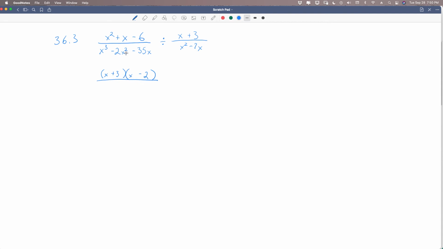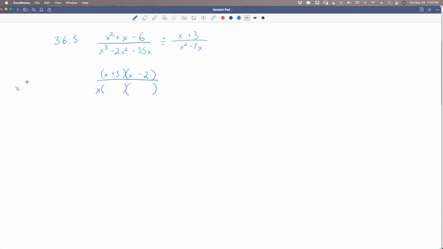All right, now on the bottom, we can't factor that like normal. We have to take an x out of everything, right? Because we have too many things here. We are going to factor it as a binomial, but we're just going to take x out of it. So what that leaves behind, I'm going to write over here to the side.